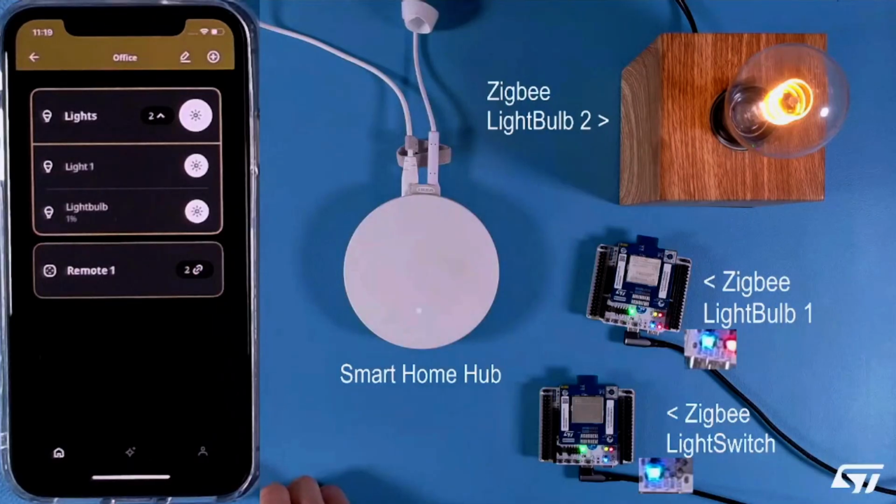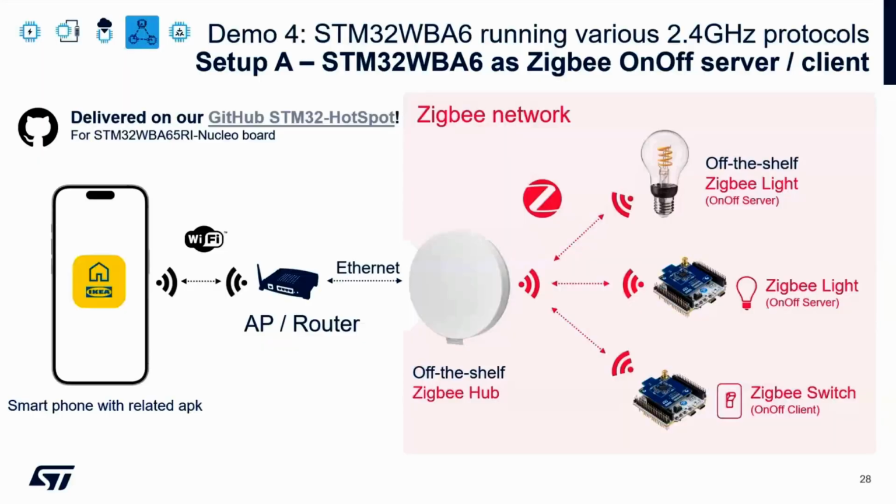So this is how easy it is to use our examples to join your devices to an existing ZigBee network solution. An edited version of this example is also available on the GitHub STM32 hotspot, so you can check it out, and the changes that were made to the basic on-off client through the demo, and how to implement it for yourself.